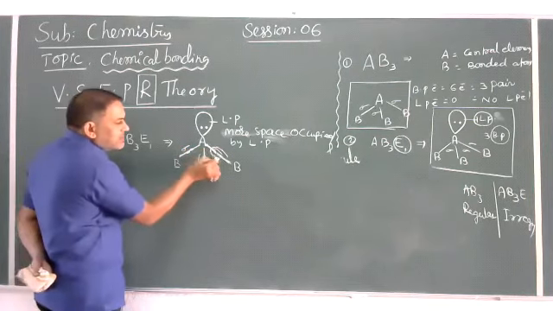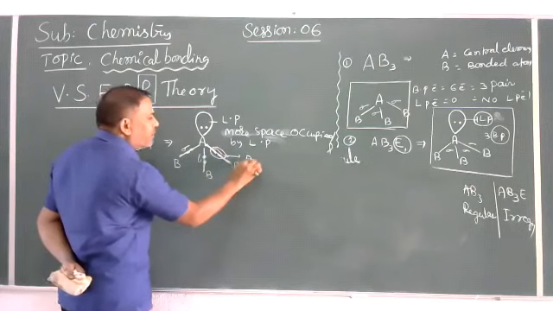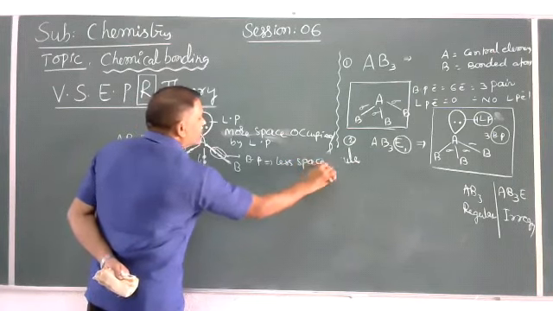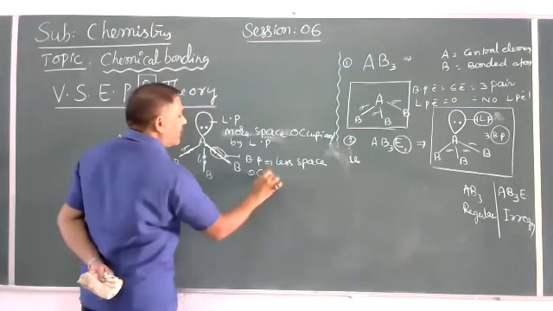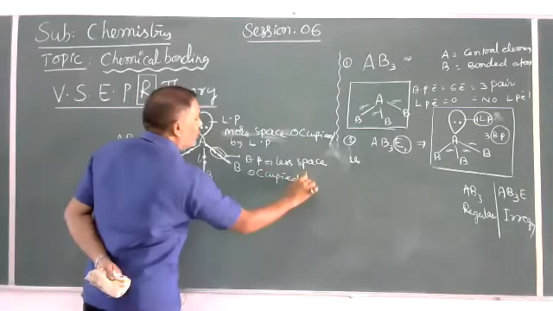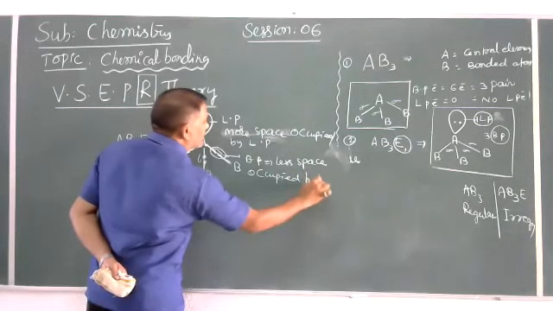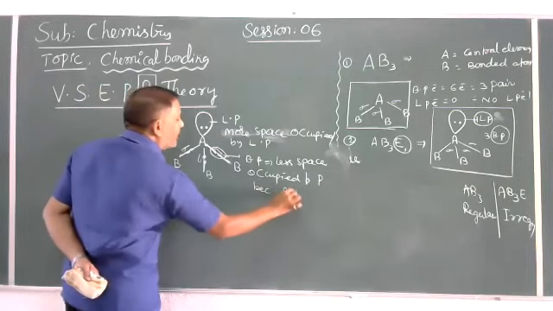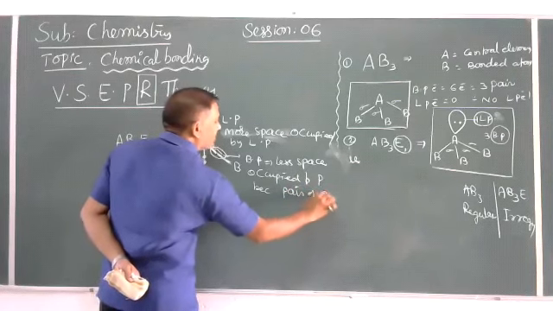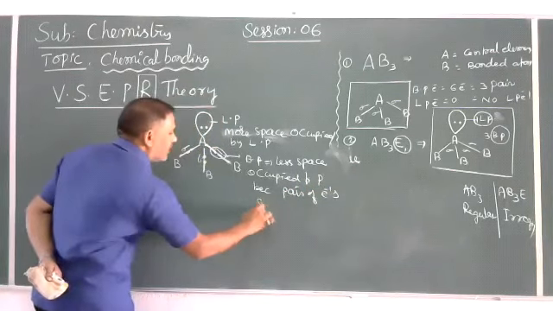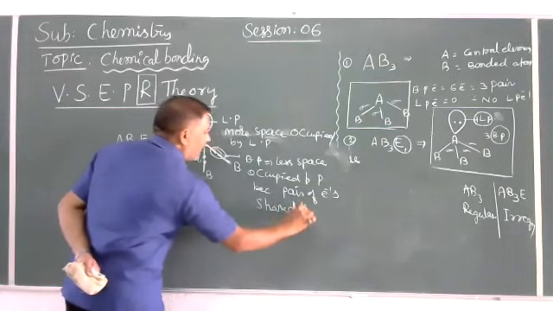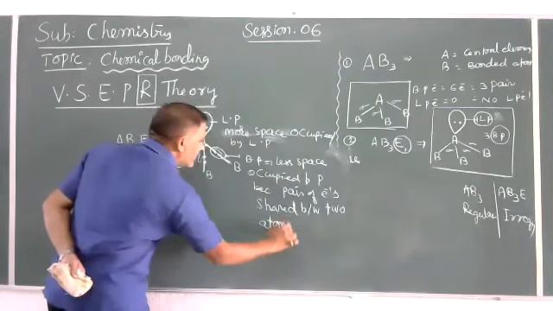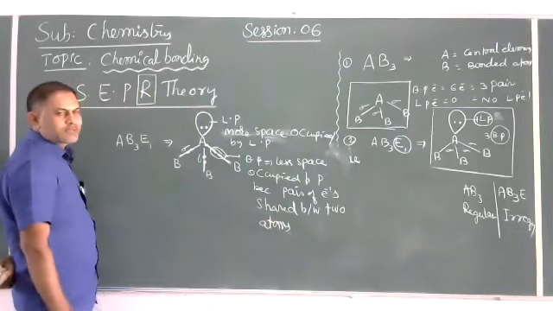That's why less space is occupied by bond pair BP electrons, because the pair of electrons is shared between two atoms' nuclei.